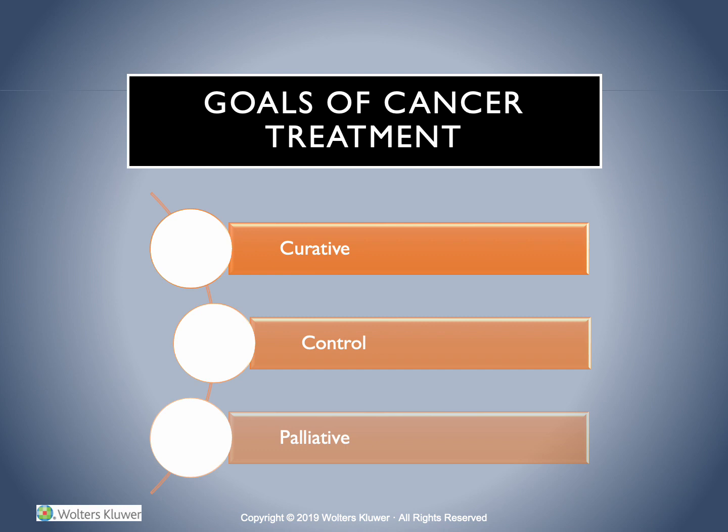It can be control, which is to prolong the individual's life and manage the cancer as a chronic condition. Or it can be palliative, where you focus on improving the quality of life of the individual with advanced or incurable cancer.